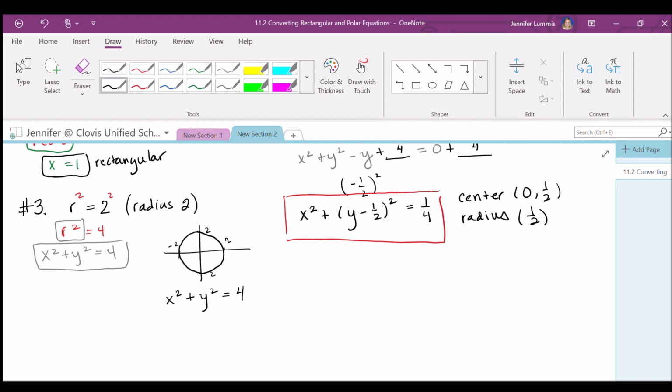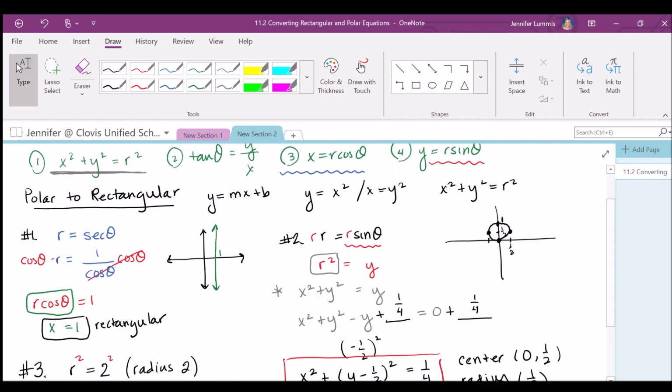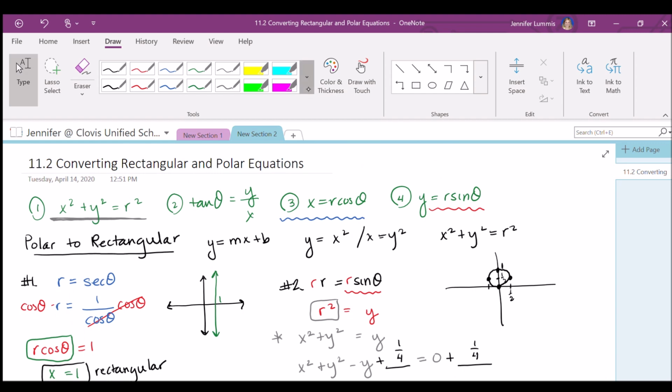So we have one more here that we're going to do for polar to rectangular. That says theta is equal to pi over 3. So the only formula we have here to get from theta without r is tangent. So we are going to introduce tangent to both sides.